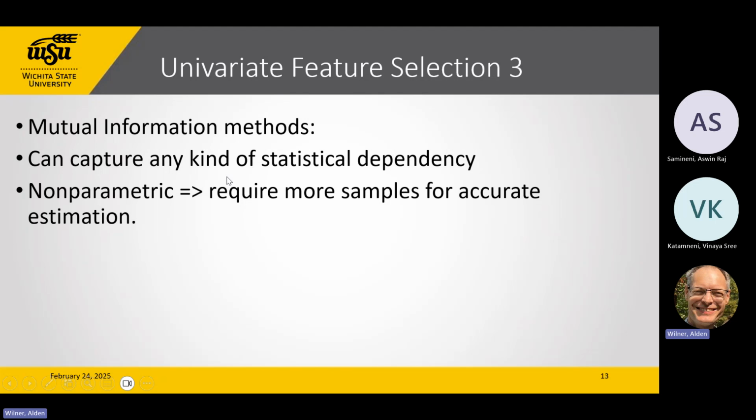The thing about a non-parametric test is, of course, in order to have an accurate estimation, you have to have more samples to work with, because when you have an assumption about the underlying distribution that's known, then you can guess where things are, obviously more accurately than if you don't know what the underlying distribution is, right?